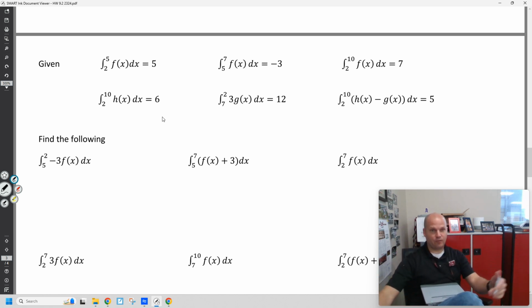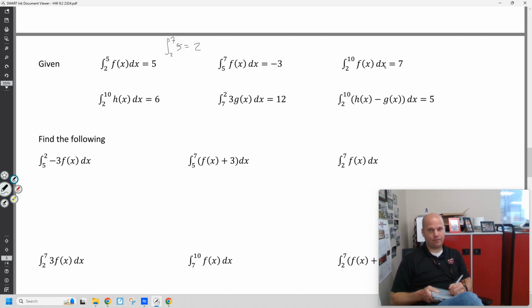I got a lot of stuff here. I got stuff about H, F, and G, H minus G. Woo! I'm going to like tidy them up first of all. I got 2 to 5, 5 to 7. I got 2 to 10. Okay, that's good. So 2 to 5, 5 to 7. So that means I have 2 to 7 of F, which is going to be 2.